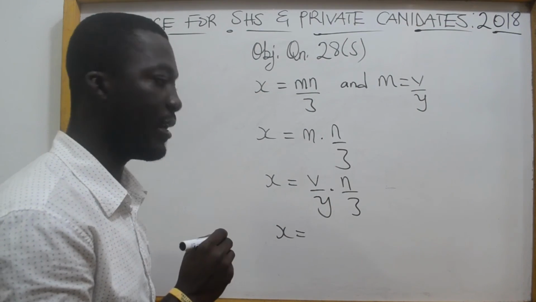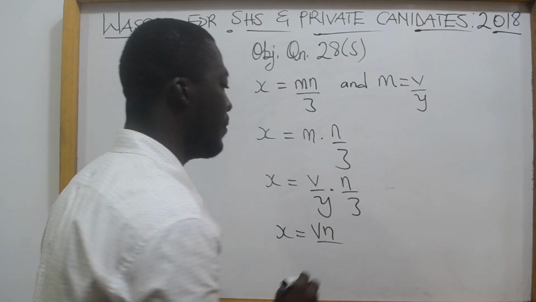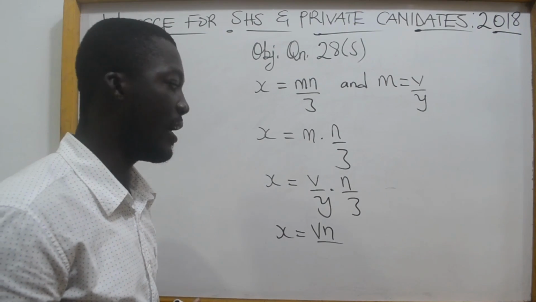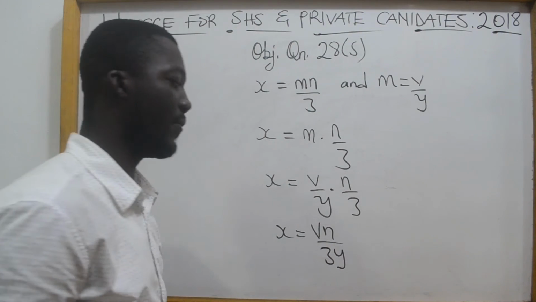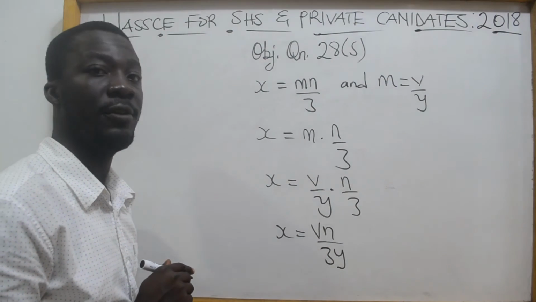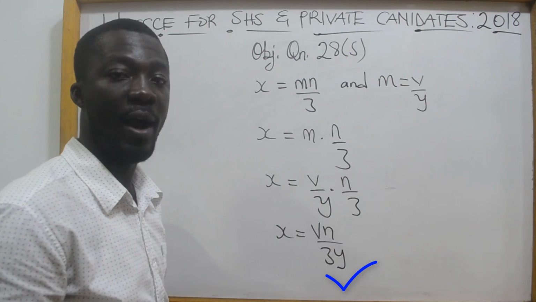V times n is going to give us vn divided by 3 times y is 3y. So that's the value for x in terms of v, n, and y.